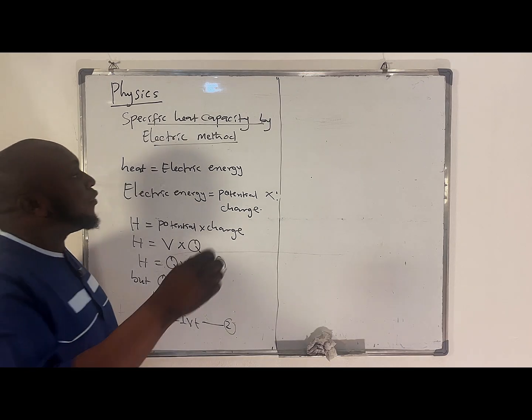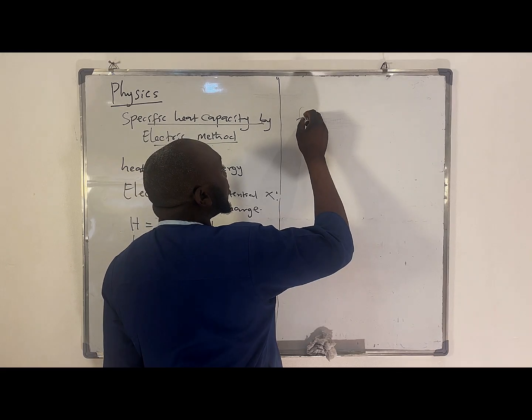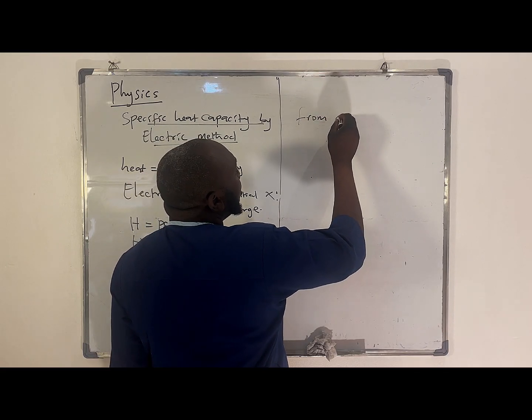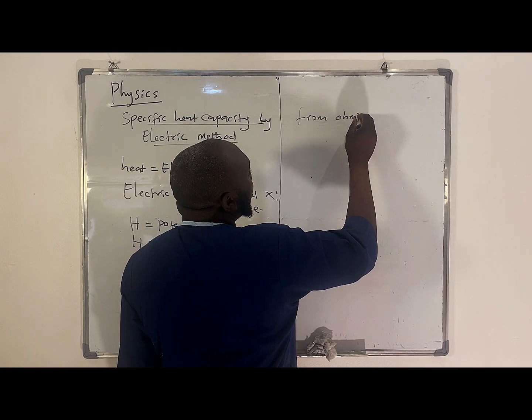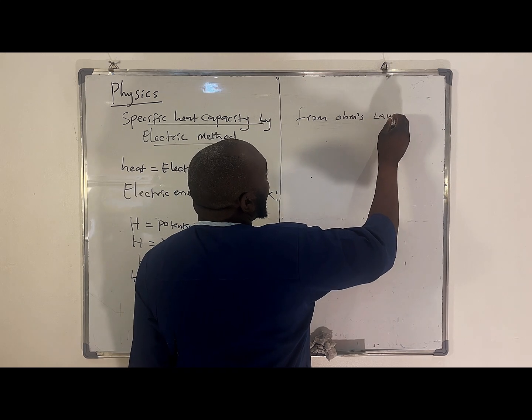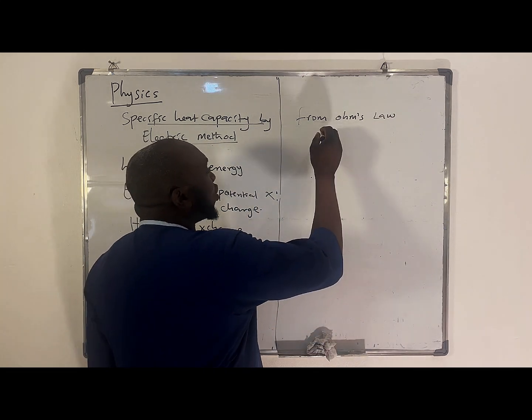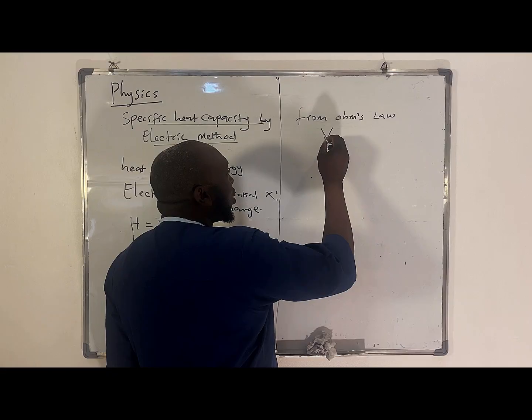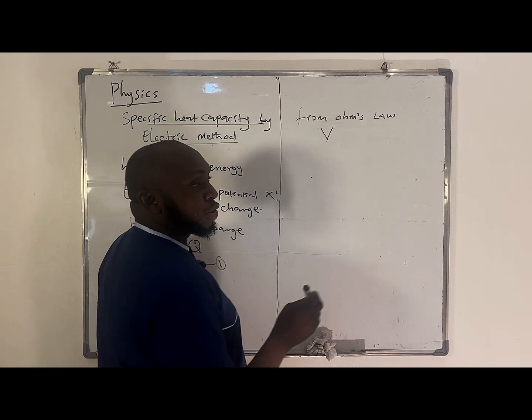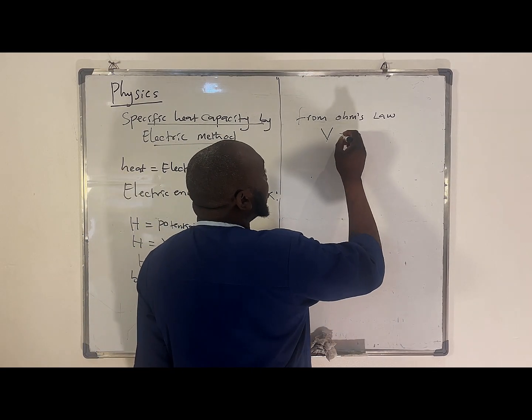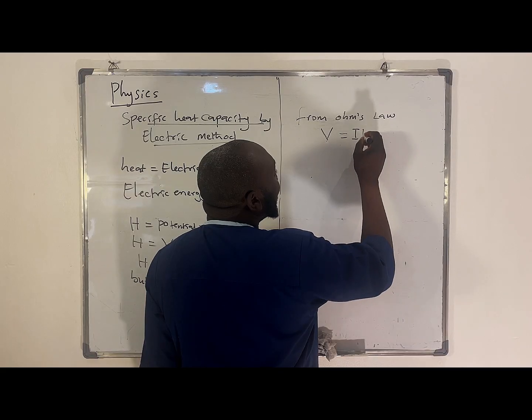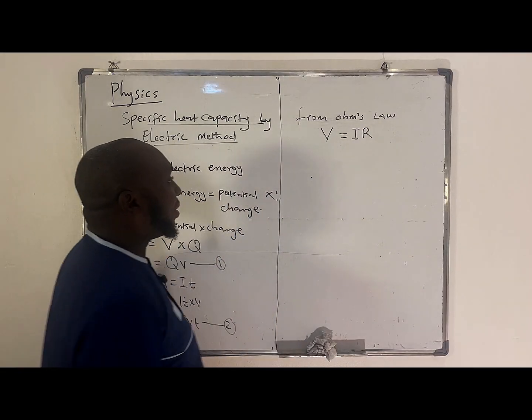Now, from Ohm's law, we say that the voltage across a metallic conductor is equal to current times the resistance of the material.